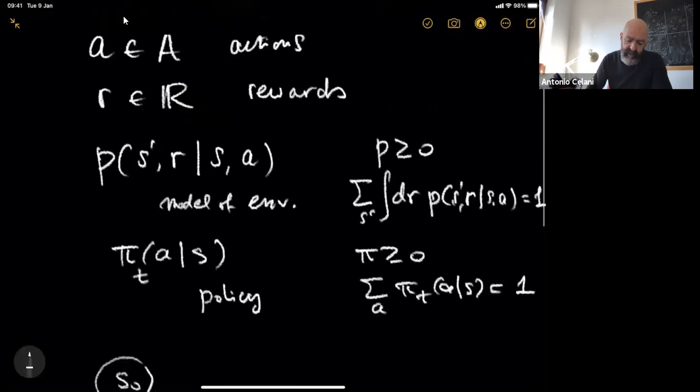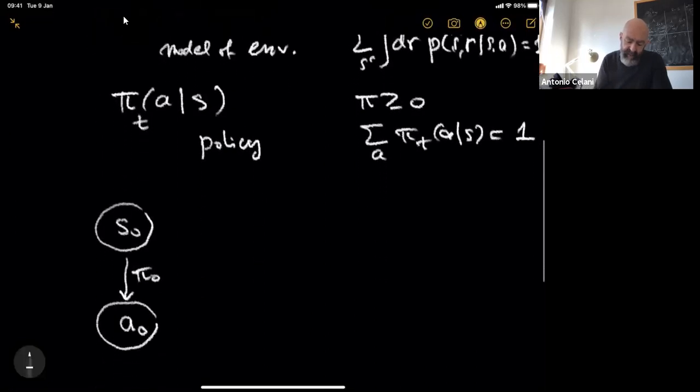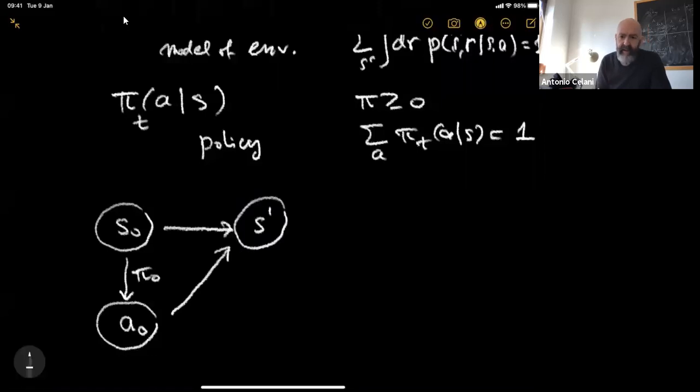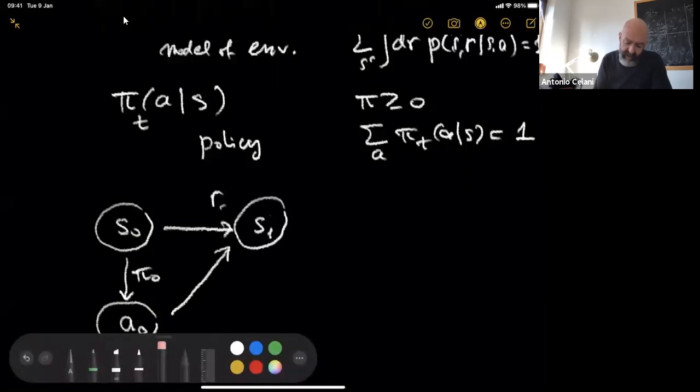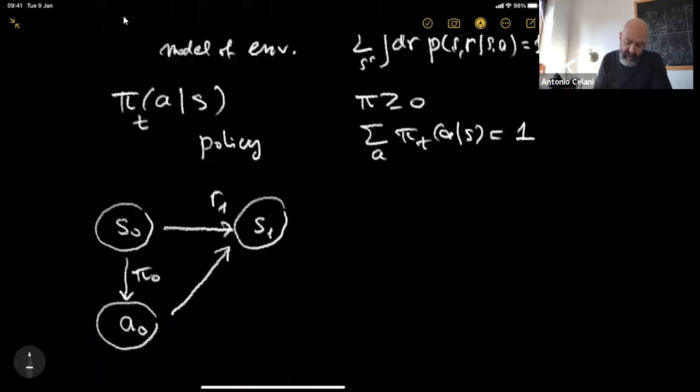Then according to this probability distribution p, these two together generate a new state S prime, and in the process they also produce a reward R. I could write this as 1 because it's time 1, so let's call this first reward R1. And these two arrows are given by the probability transition p.